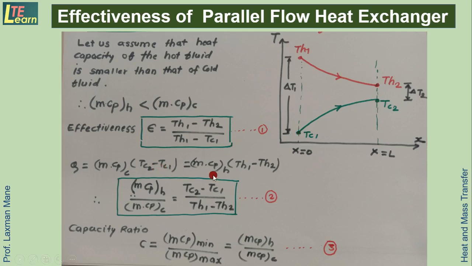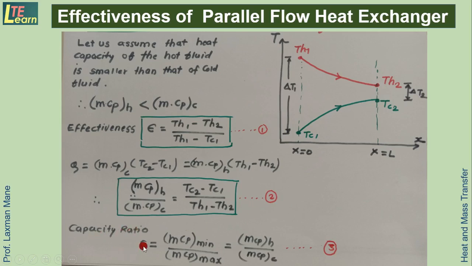And TH1 minus TH2 is inlet temperature minus outlet temperature, because here TH1 is higher temperature and TH2 is lower temperature. That's why TH1 minus TH2. And here TC2 is a higher temperature, TC1 is a lower temperature. So higher minus lower. Say this is equation number 2.